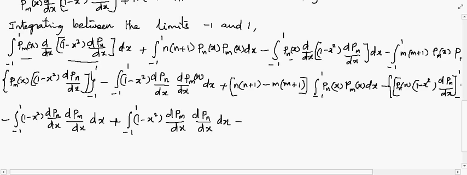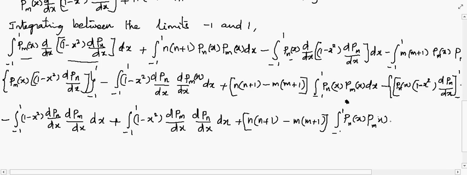Then this third term, that is n into n plus 1 minus m into m plus 1 into integral minus 1 to plus 1 Pn of x into Pm of x dx.